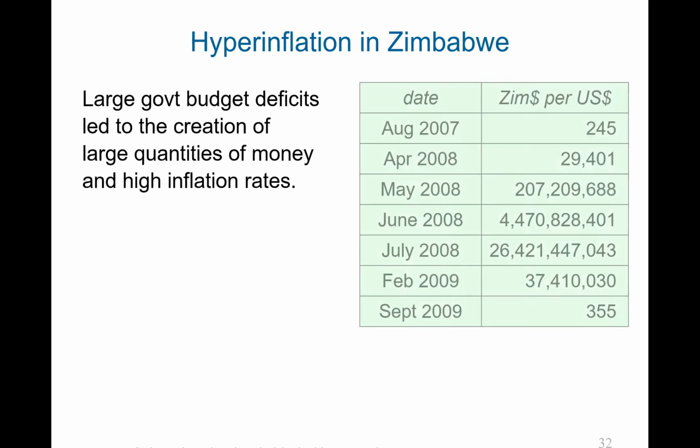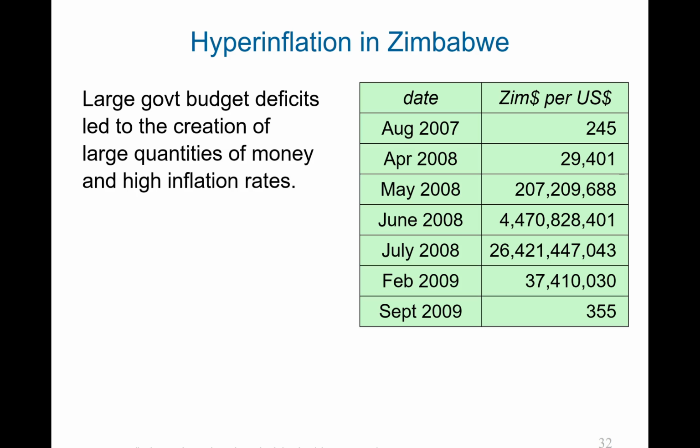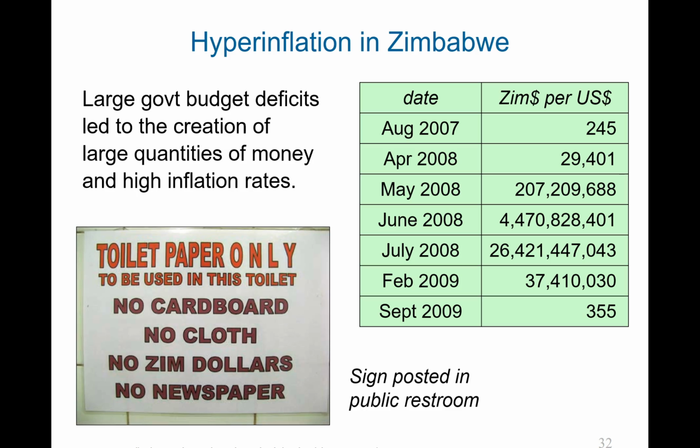We had huge government budget deficits, and the government, in an effort to correct this, essentially created large quantities of money through their central bank, and this led to very, very high inflation rates. It got out of hand very quickly, and as you can see, in periods in June and July of 2008, they had inflation at an incredible rate. In fact, it's said that it took about 24 hours during this time period for prices to double.